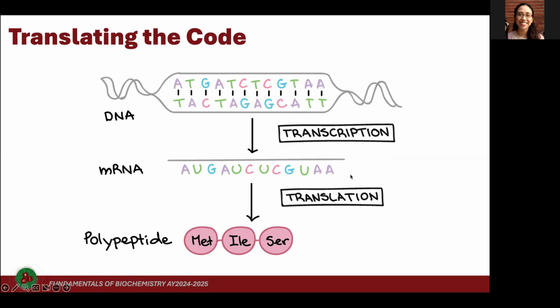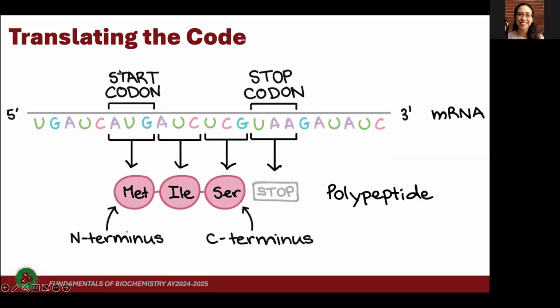Now, this message transcribed in your mRNA is finally translated to the gene product, which is a polypeptide, or essentially a protein, which is a string of amino acids. So, this process of translating the code that is stored in your DNA revolves around codons.